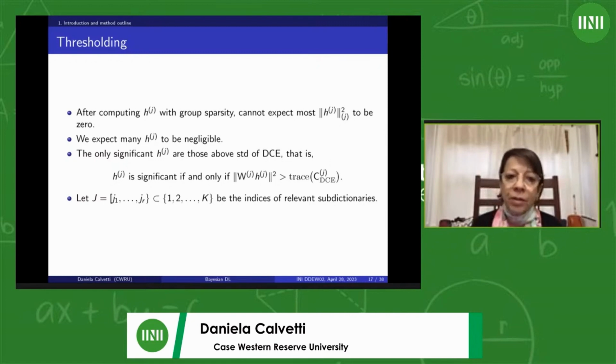Let's say that after we have computed the vector H, we can look at the subgroups, so it's partitioned into segments Hj.